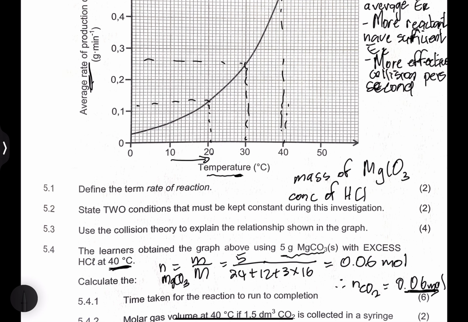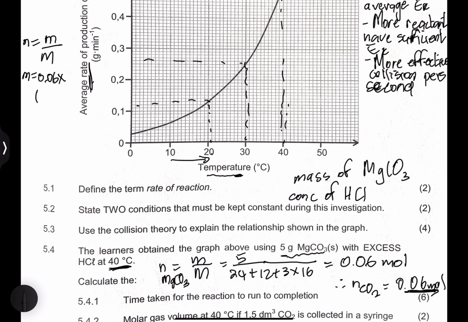Okay, I'll show you where I'm going with that. So with the number of moles, can I get the mass? I'm going to write it over here on the left hand side. Number of moles is mass divided by molar mass. Okay, so the mass would be the number of moles, 0.06, multiplied by the molar mass of carbon dioxide.